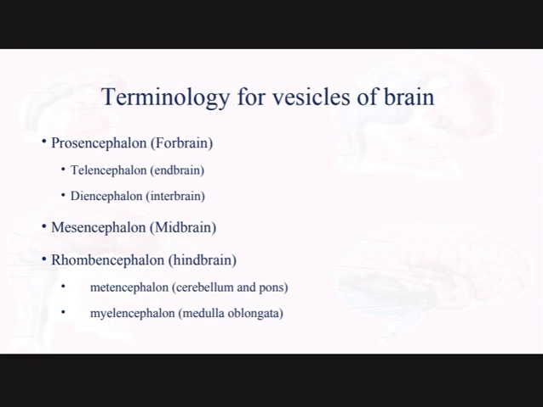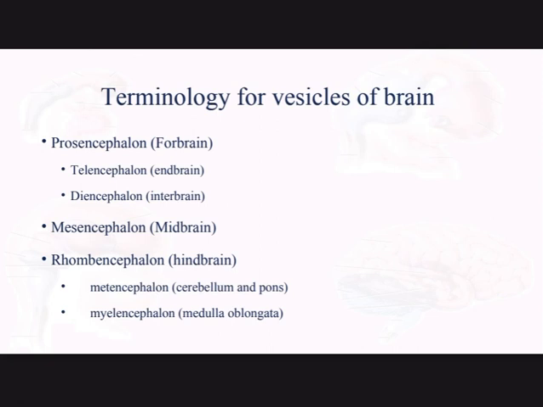Terminology. Usually the prosencephalon is the frontal or front tube. The mesencephalon is the mid, and then the rhombencephalon is the hinder. بينما underneath الفرونتال we have the endbrain والinner brain.